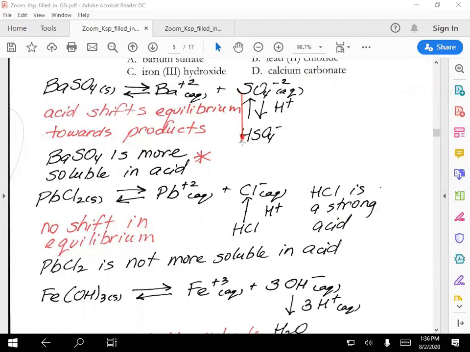If we remove product, we are shifting the equilibrium towards products. If we shift the equilibrium towards products with a KSP situation, that makes the salt more soluble. So because we'd added the acid and we pulled away products, our barium sulfate was more soluble.